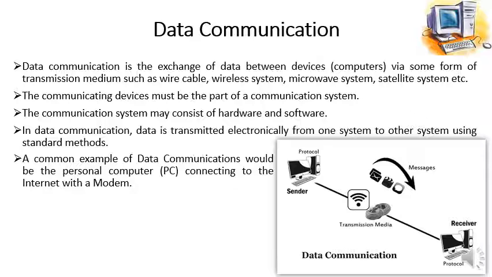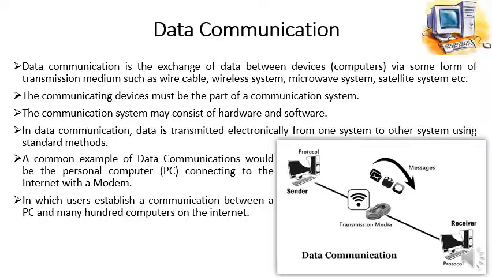A common example of data communications would be the personal computer, that we call PC in short, connecting to the internet with a modem. It's a common example of data communication that we use to connect our personal computers with the modem for using internet, in which users establish a communication between a PC and many hundred computers on the internet.